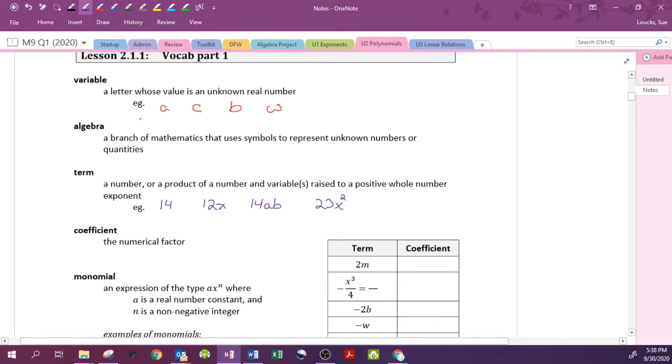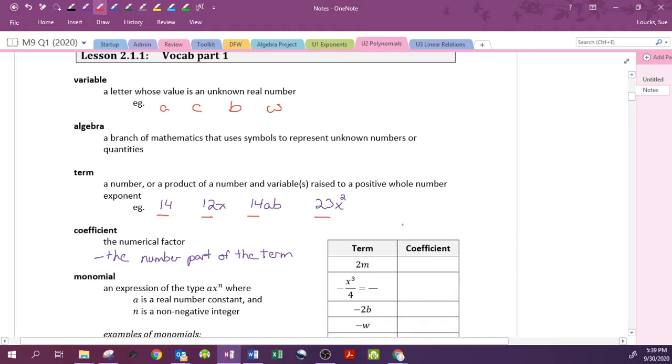A coefficient is the numerical factor. It's the number part of the term. So 14 or 12 or 14 or 23, that is the coefficient, okay?